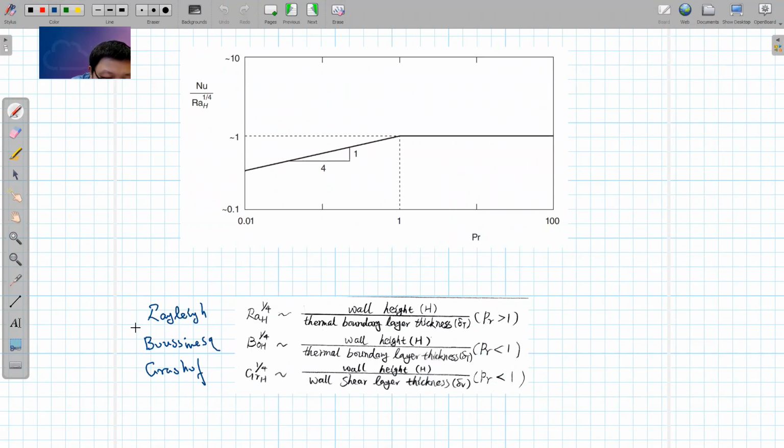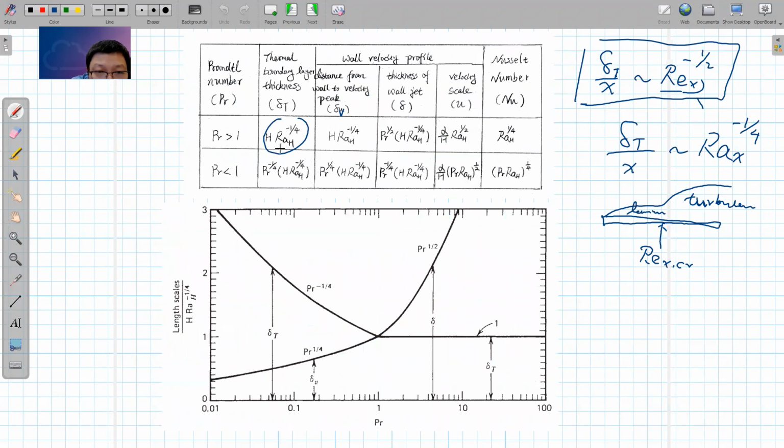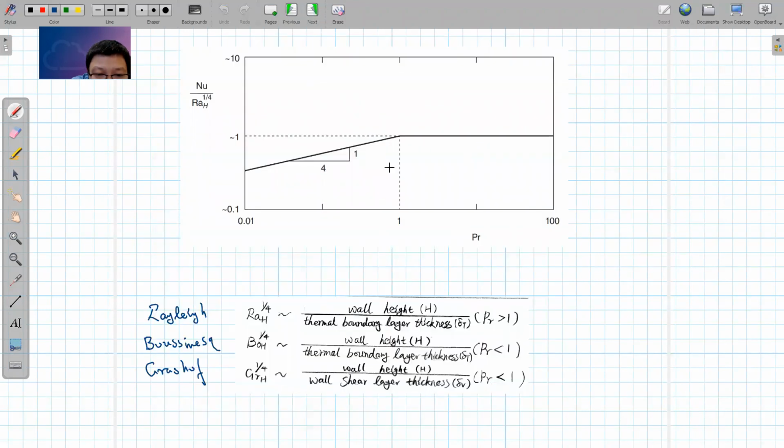The physical interpretation of these dimensionless parameters can be given by using different length scales. Based on the result from this table, you'll see that this Rayleigh number to the power 1 over 4 is basically delta t over h. So we can consider it as the wall height divided by the thermal boundary layer thickness delta t.